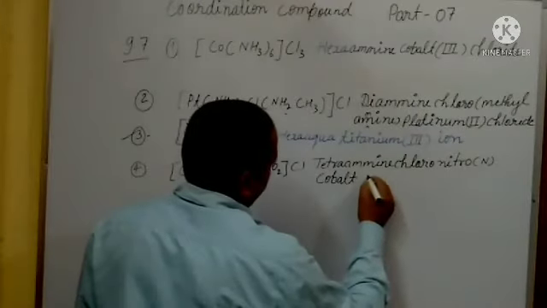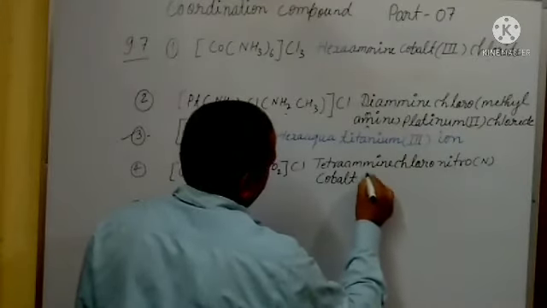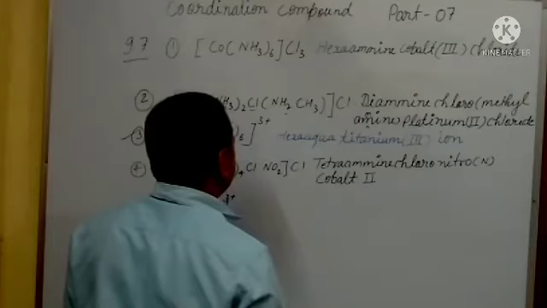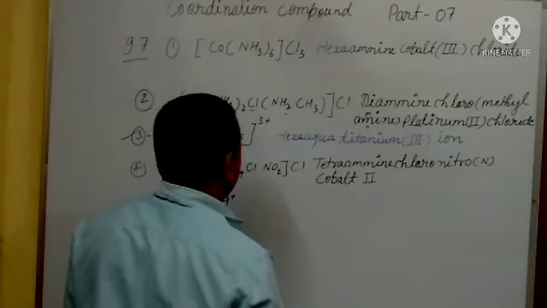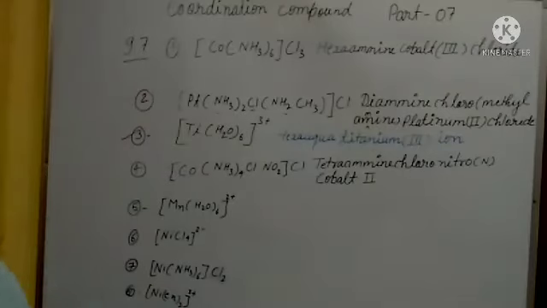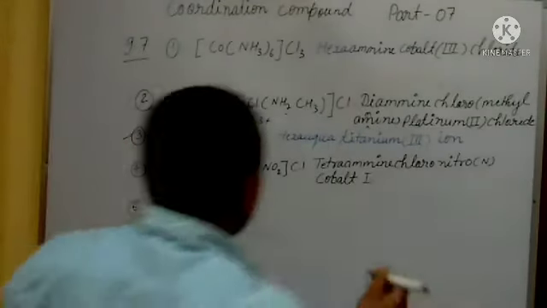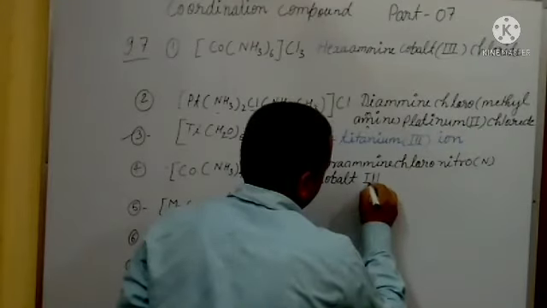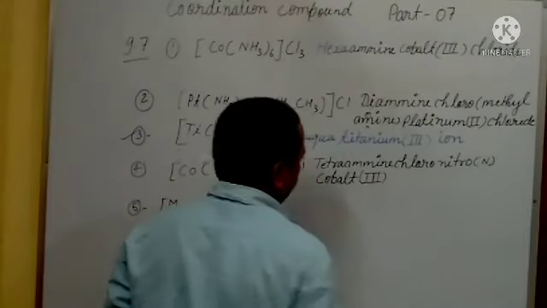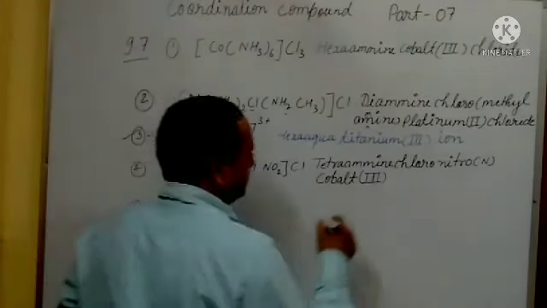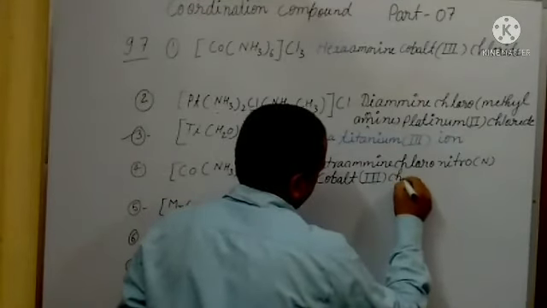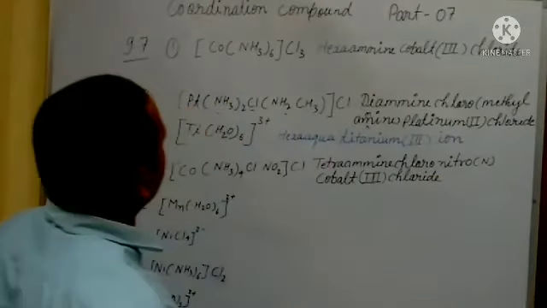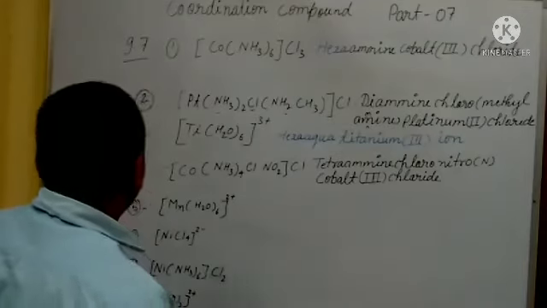Here the oxidation state of cobalt is II, and here the oxidation state of cobalt is III. Cobalt(III) chloride. Okay.